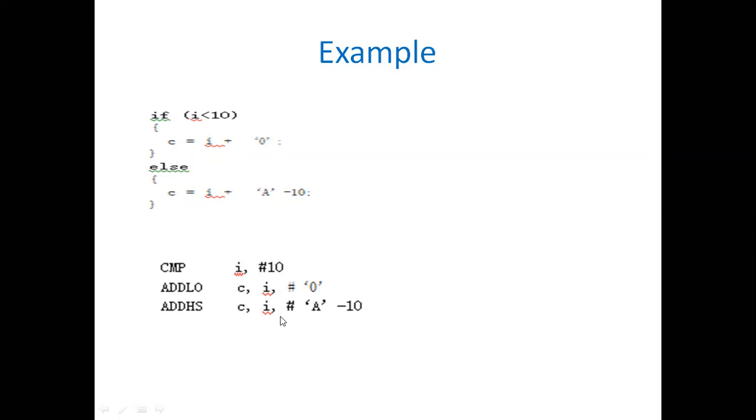Else, if it is higher, add the ASCII value of 'A' minus 10 to i, and that value gets stored into c.